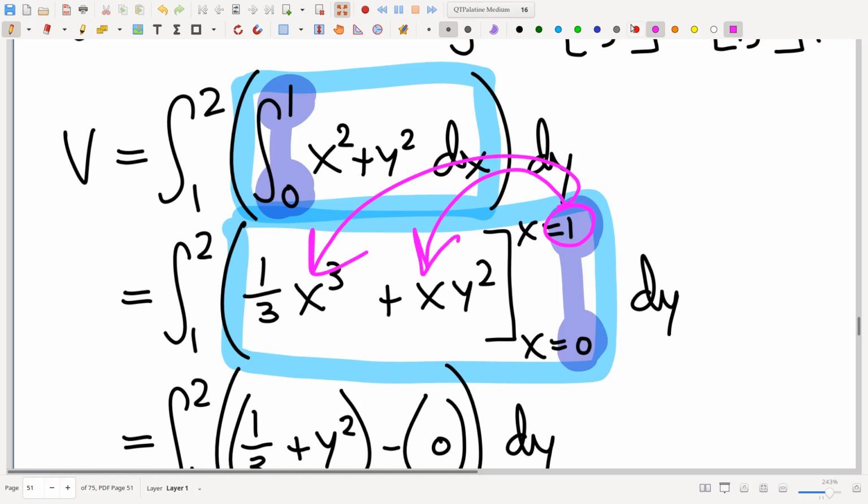A lot of students will plug it in for y also, because it looks like a variable. And we're plugging in for the variables. And you can see the temptation. It's easy to do this little whoopsie.